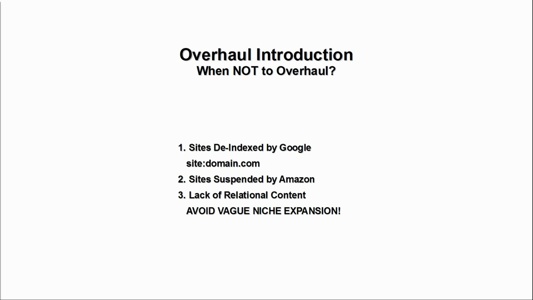Now, I know I've already mentioned this a number of times before, so I'm just briefly going to mention it here. Lack of relational content. I have talked about how expansions need to be done to intensify the focus on your niche, whatever your website is already about.